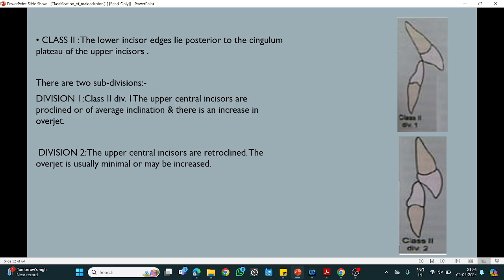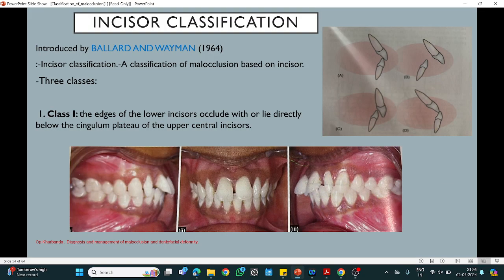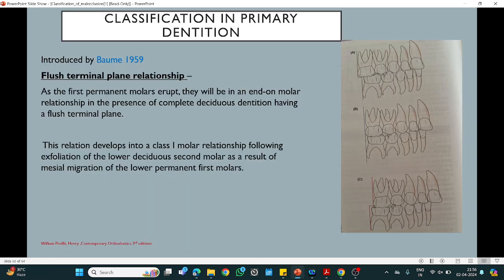In division 1, the upper central incisors are proclined or of average inclination and there is an increase in overjet. In division 2, the upper central incisors are retroclined and the overjet is usually minimal but may be increased. The third is where the lower incisor edge lies anteriorly to the cingulum plateau of the upper incisors. The overjet is reduced or reversed. The incisor classification is the same, so I'll skip it.